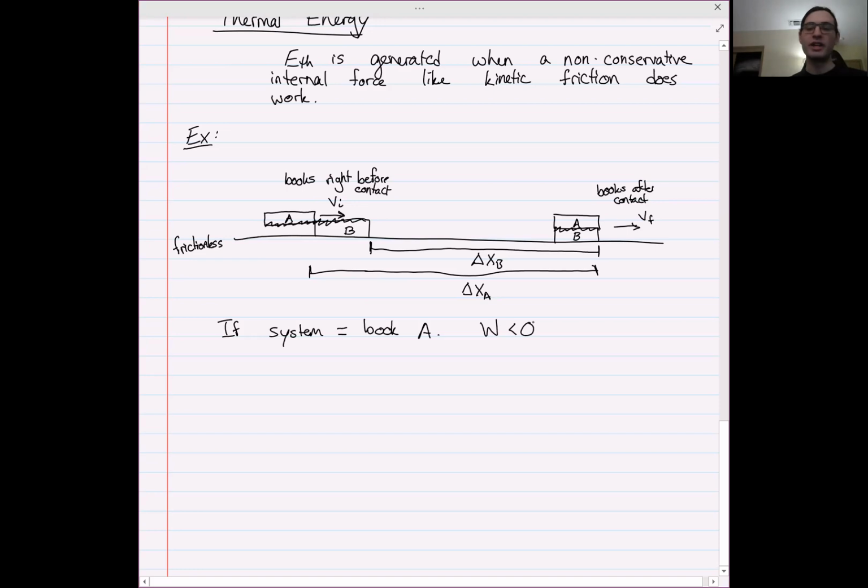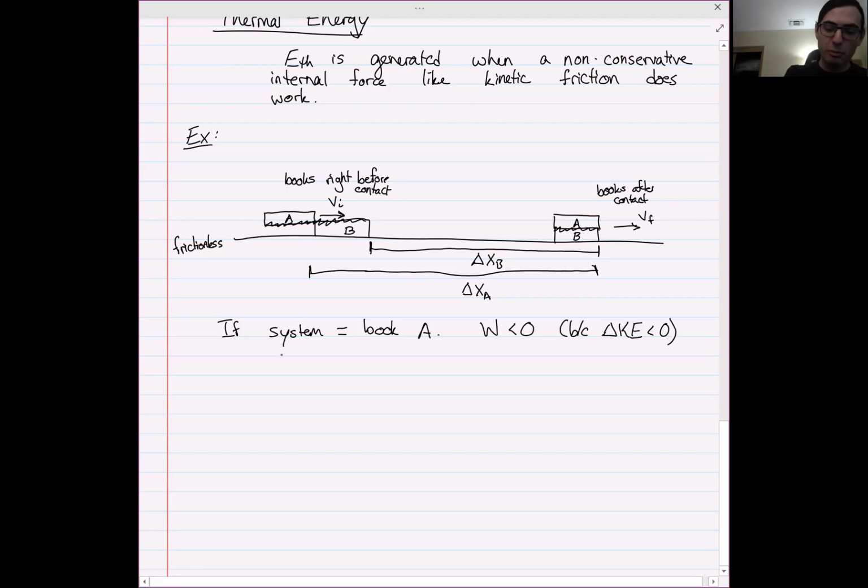The reason we know that is because book A starts off going at some speed, and then it has to slow down. It slows down because it must make B speed up a little bit. So some of its energy has to go away. This is because the change in kinetic energy is negative. And so the work-energy theorem tells us that if the kinetic energy goes down, then the work done has to be negative.